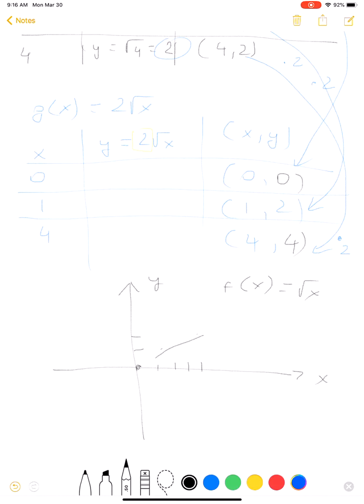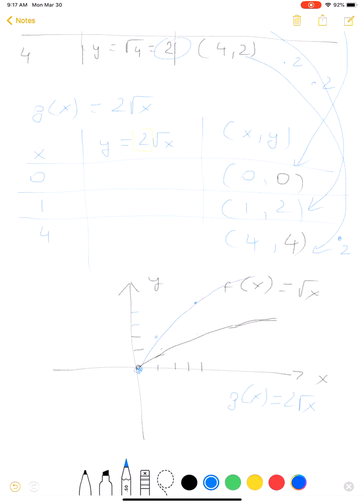So this is f of x. Now g of x, equal to 2 times square root of x. We have the point 0, 0. Then we have the point 1, 2. And then the point 4, 4, which will be here.